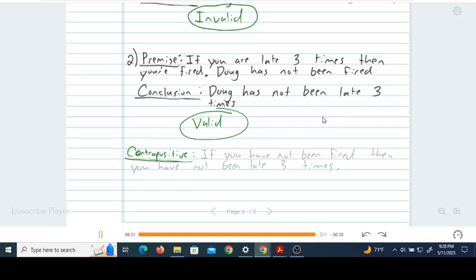So the contrapositive of that is, if you have not been fired, then you have not been late 3 times. And that is logically equivalent to the original conditional. So that makes this argument valid.